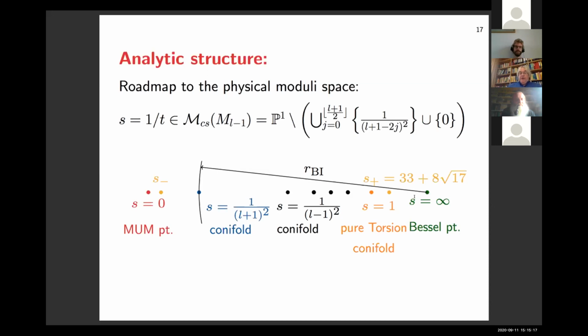And then for the actual integral that I was considering, of course, you can consider also other period integrals, then these conifolds will also be of relevance. But for the actual integral I'm considering, the radius of convergence is limited by this last conifold point. And then there are, so to say, less important points. I would say there is a point where this thing becomes pure torsion.